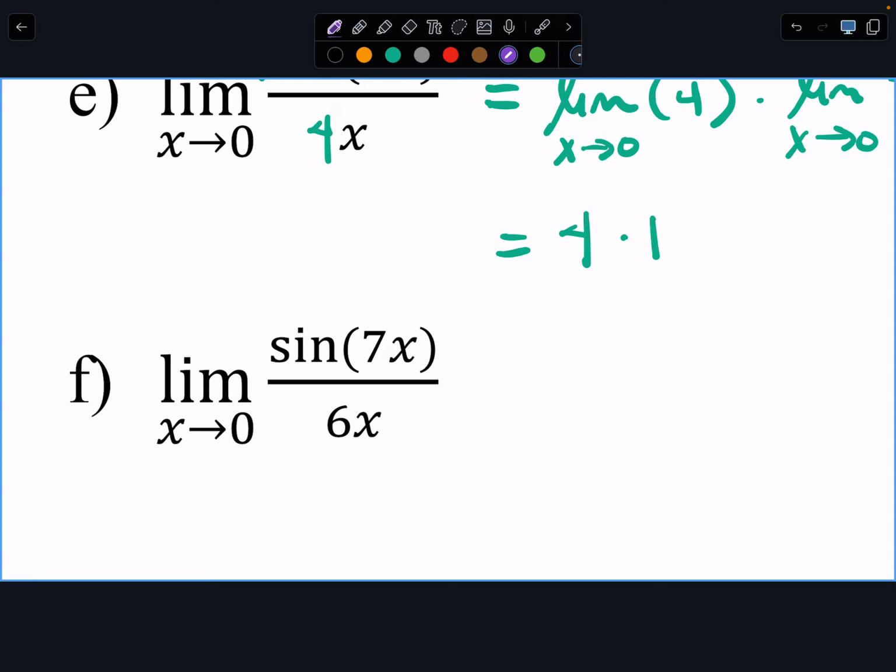What about this one? You're like, oh, hey, special trig limit. Or you're like, 0 over 0, darn it, direct substitution. So what could we do? You're like, oh, this kind of looks like the special trig limit, but 6 and 7, yeah, they don't match. We need a 7 down here. So we could think about multiplying by 7 over 7.